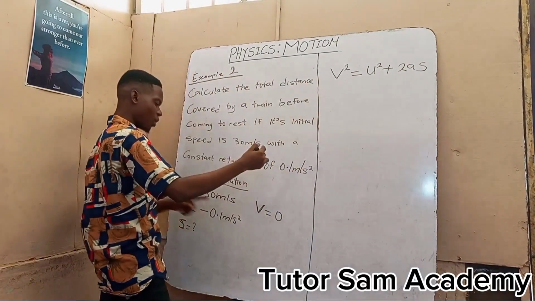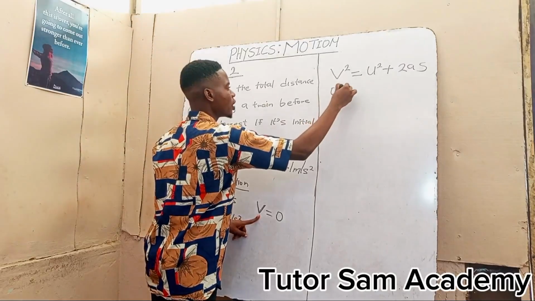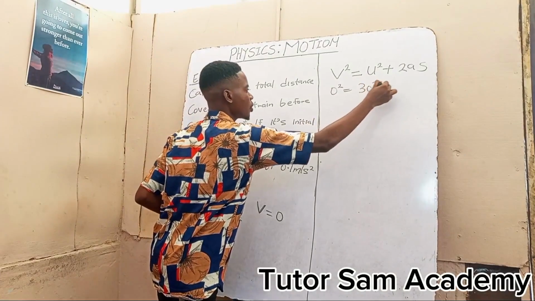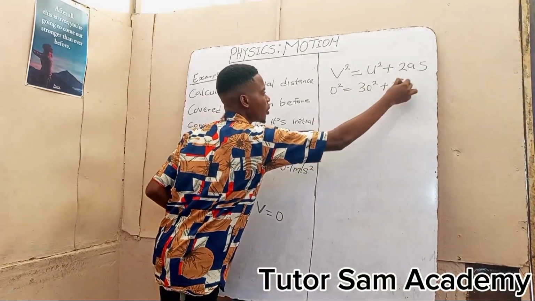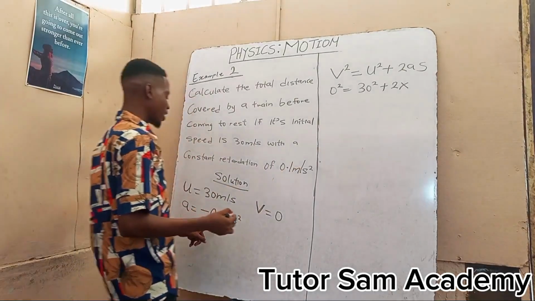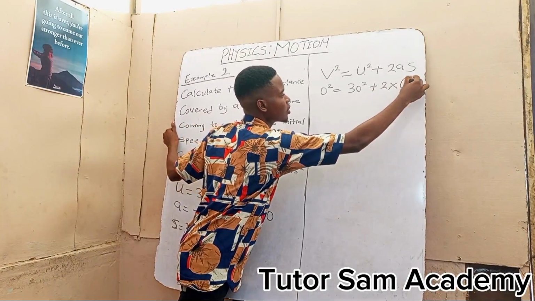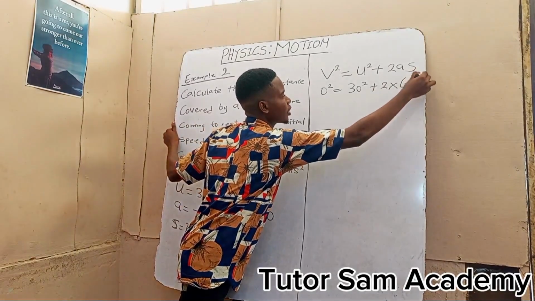So our V square is 0 square, U square is 30 square, plus 2 multiplied by A. Our A is minus 0.1.